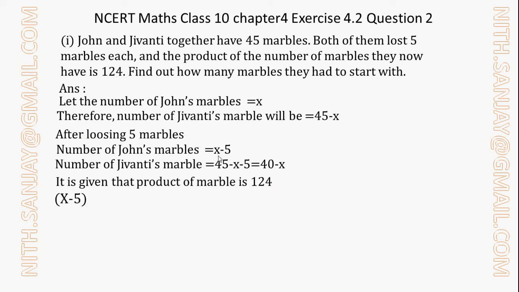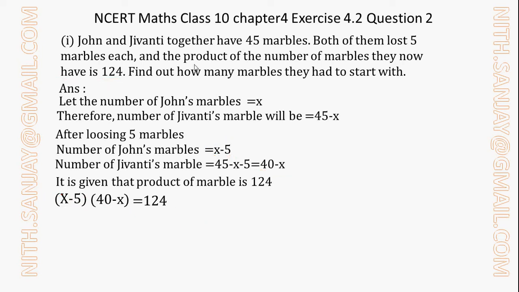So I will multiply x minus 5 with 40 minus x, and this should be equal to 124, because it is given in this statement that after losing 5 marbles the product is 124. So after losing 5 marbles John has x minus 5 marbles, I have written it here, and Jivanti has 40 minus x marbles, I have written it here. I have multiplied both of them, and this should be equal to 124.